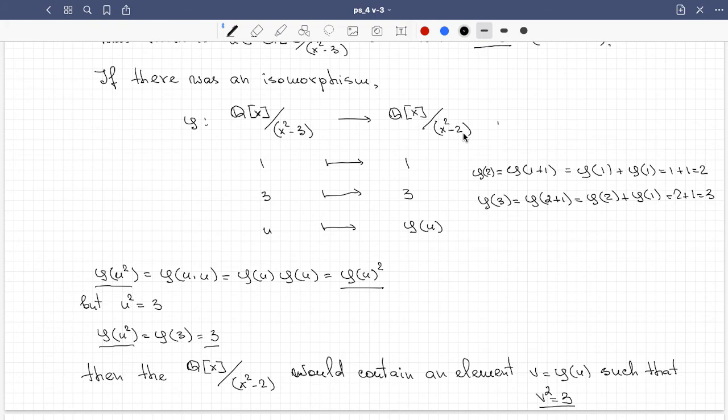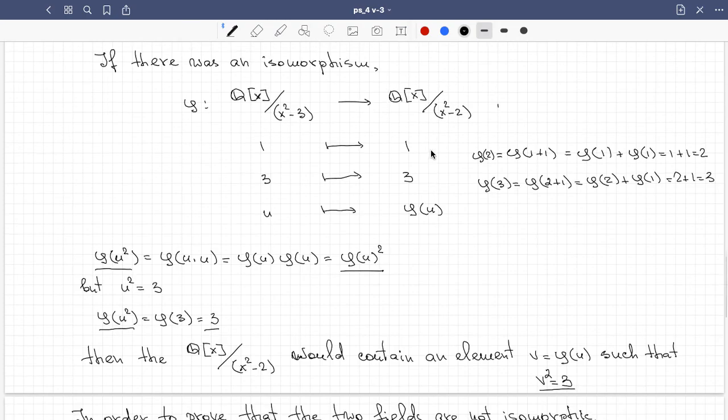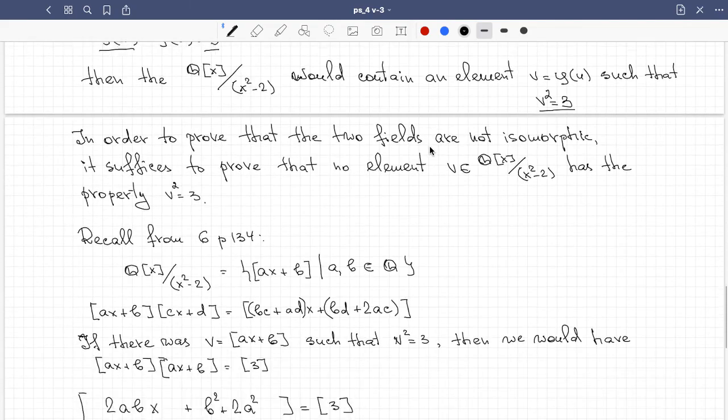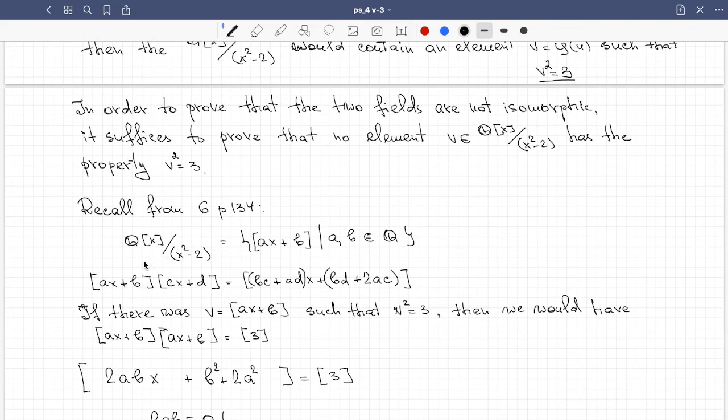And now how to prove that there is no such element in this field? We simply use the description of this field. And how do we multiply elements in this field?